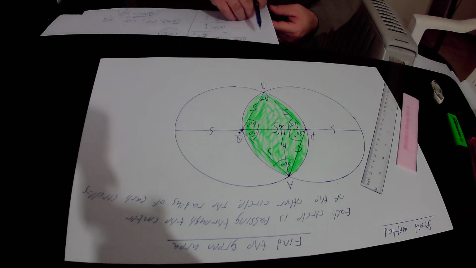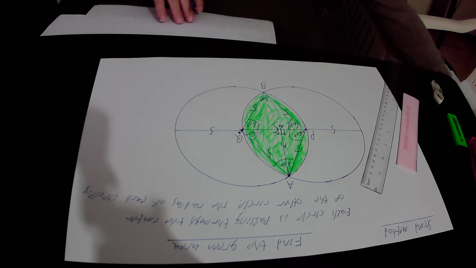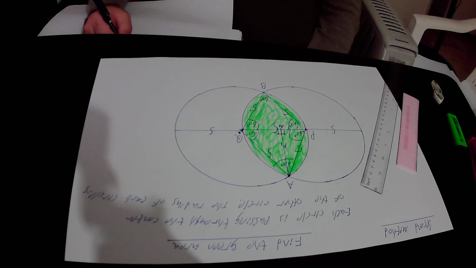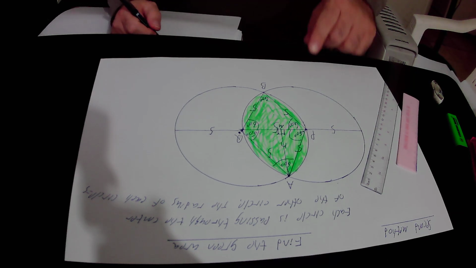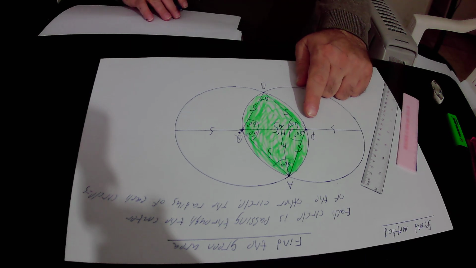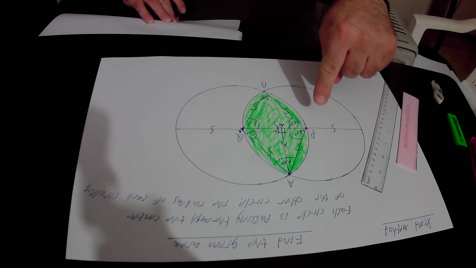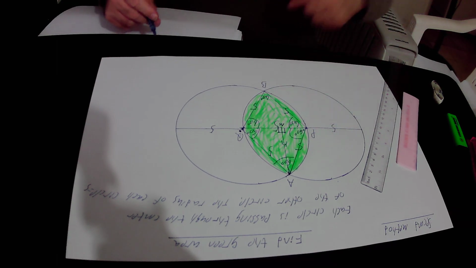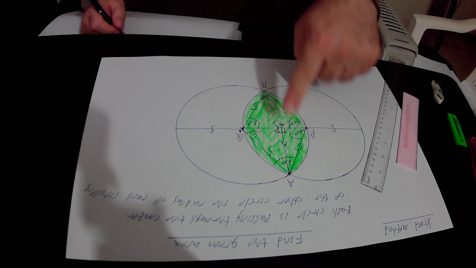The area of segment AQ is equal to the area of sector APQ minus the area of triangle APQ.